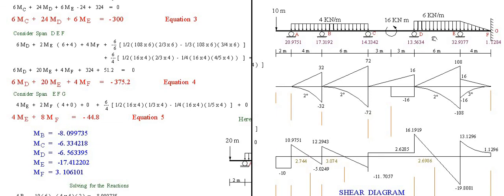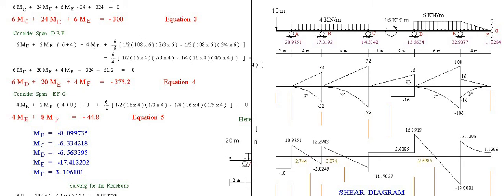Then the moment on the left, M1 L1, is the moment at D times 6 plus twice the moment at the center of DEF, twice the moment at E times the distance of the sum 6 plus 4, then plus the moment on the right of DEF, the moment at F, and distance of 4.